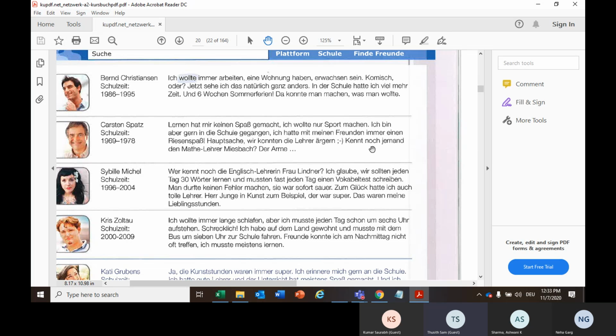We need to also do the vocabulary test every day. Man durfte keine Fehler machen. Fehler means mistake. So I shouldn't make any mistakes. No one is allowed to make mistakes. She was immediately angry. Zum Glück hatte ich auch tolle Lehrer.